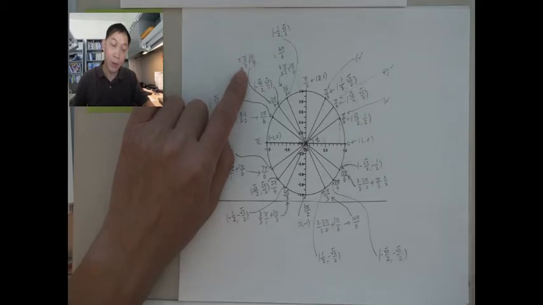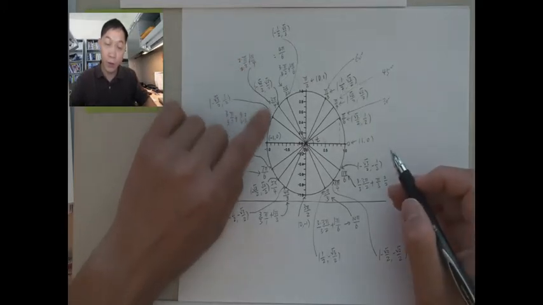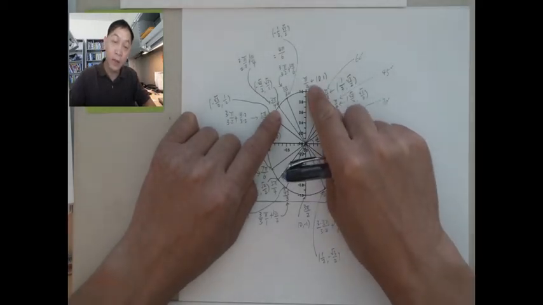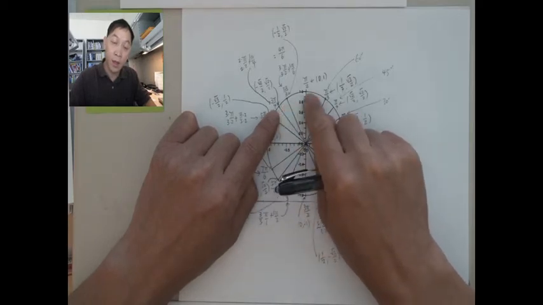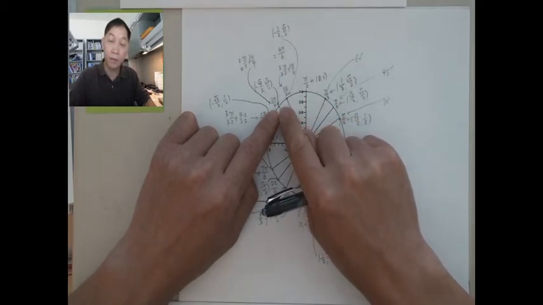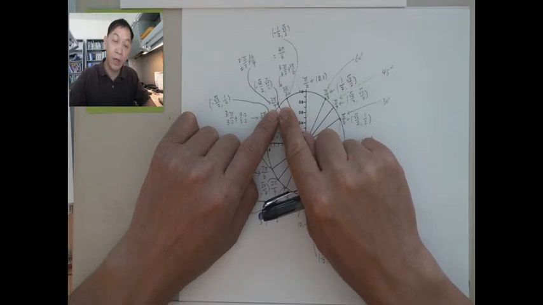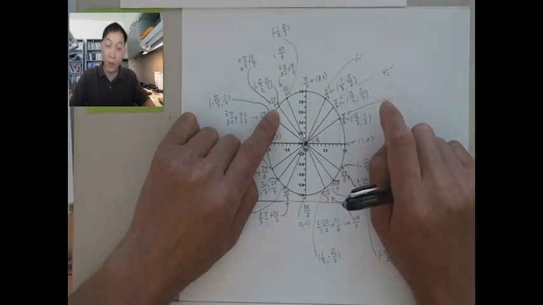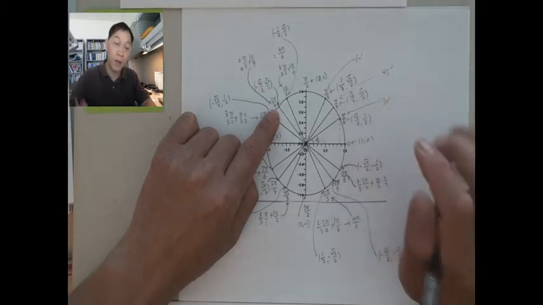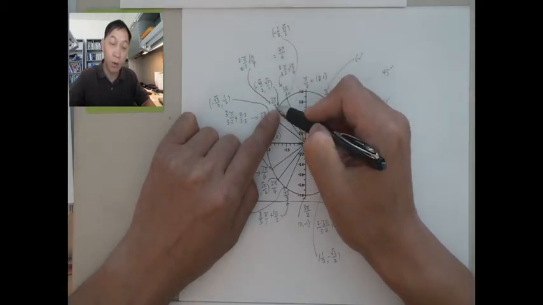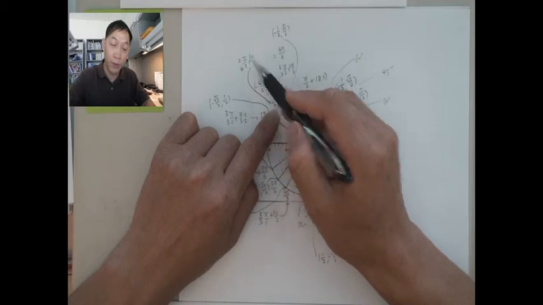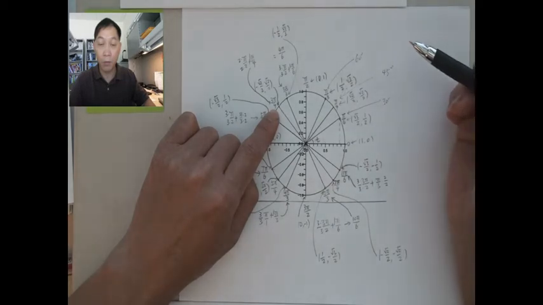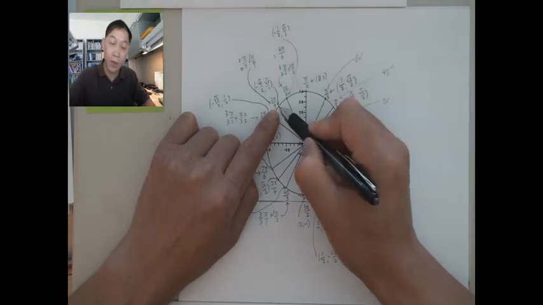Pi over 2 is 90 degrees. So you can see from this is 0 degrees, 45, 90. This is 90 plus 45 is 135 degrees. Okay, so 135 degrees is 3 pi over 4, because here 2 plus 1 is 3 pi, and then we have a denominator is 4. Okay, so those 2 points are symmetric.